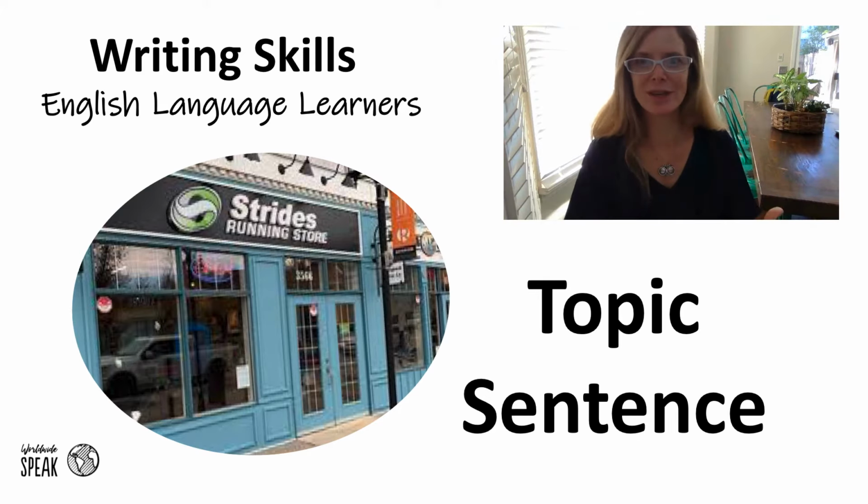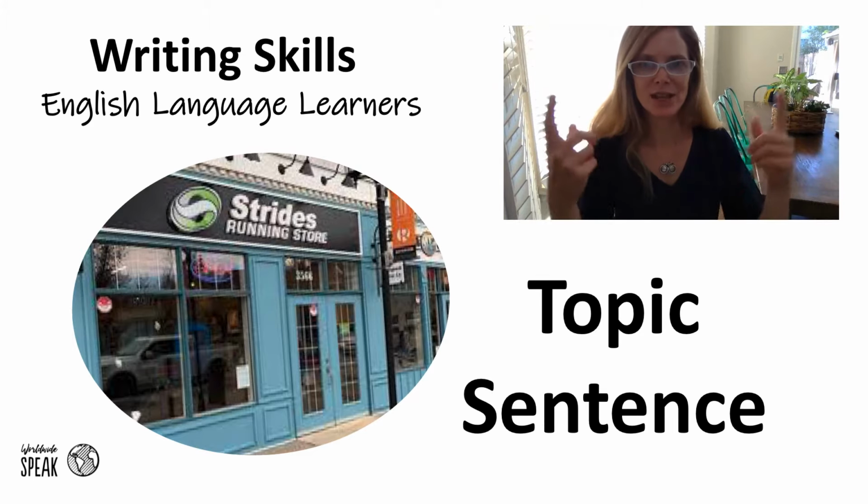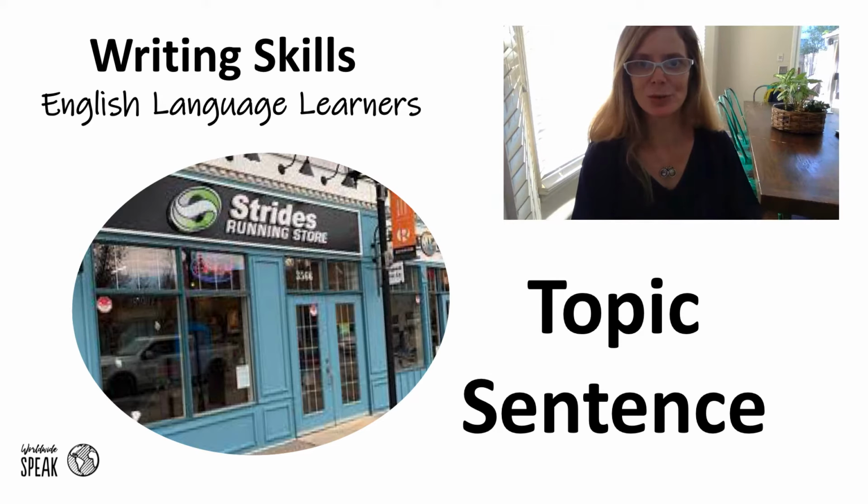I'm not going to go in there to buy dog food. You know, it's not a pet store, it's a running store. And like the name of that store, it tells you, oh, this is a running store. I'm going to go in and buy things for running. A topic sentence tells your reader, oh, this is what my paragraph is about.